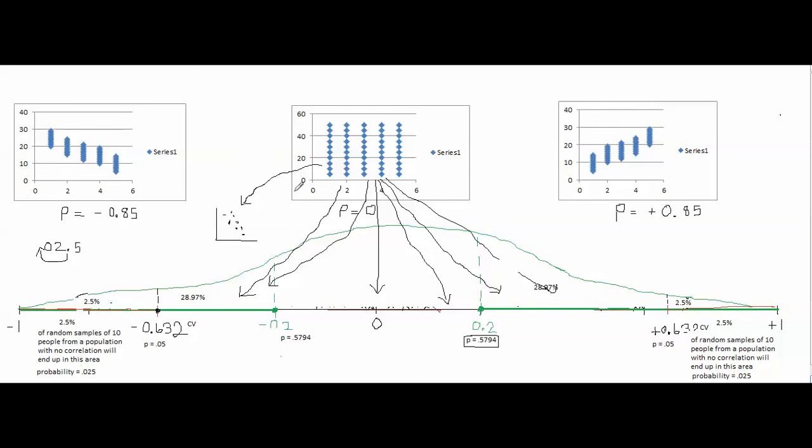And it's unlikely for a sample coming from this population to end up looking like that and having a strong negative correlation, because we saw earlier that when we take samples from this population, most of those samples look like they have pretty much no correlation.